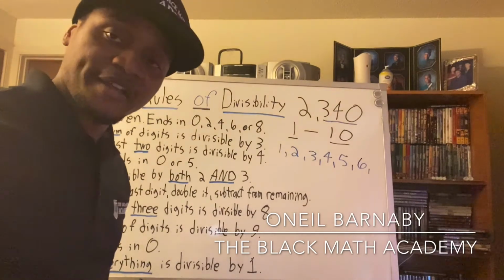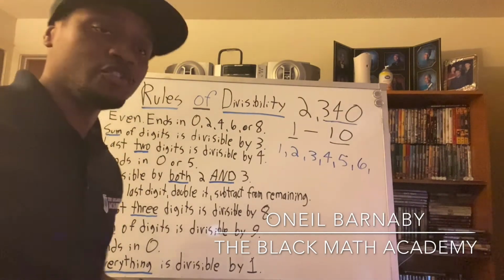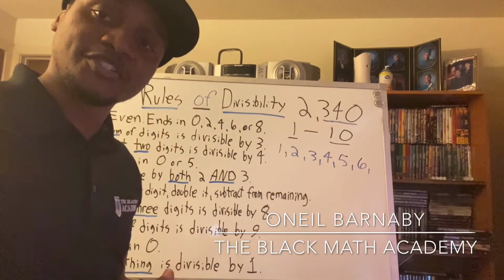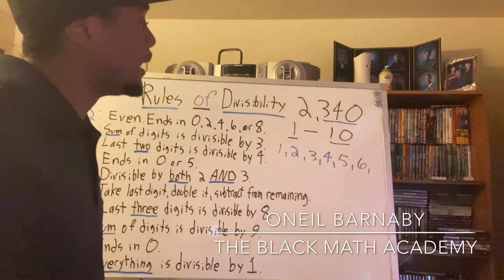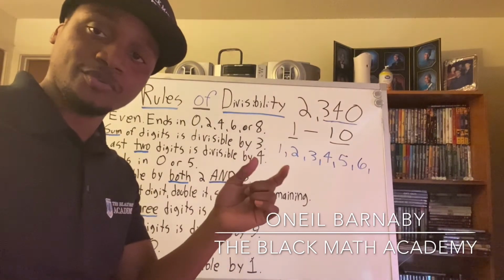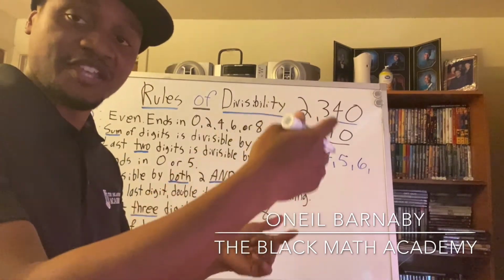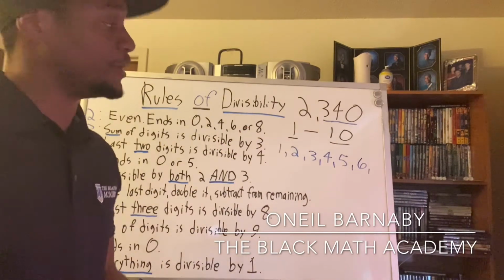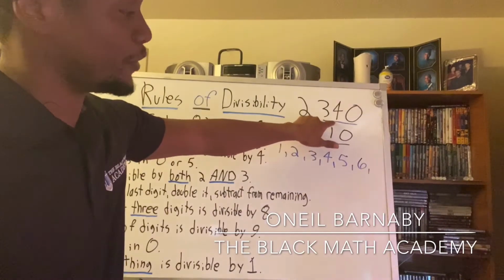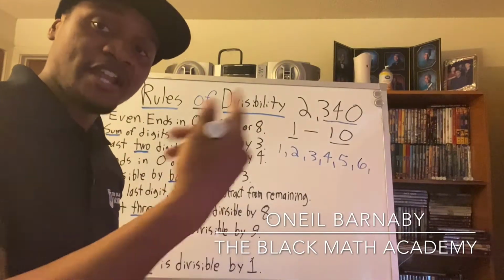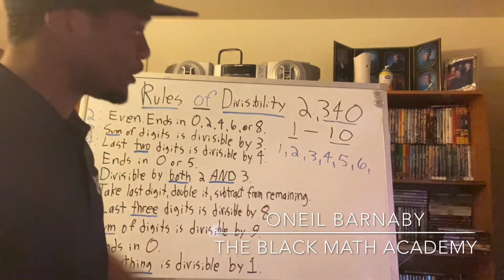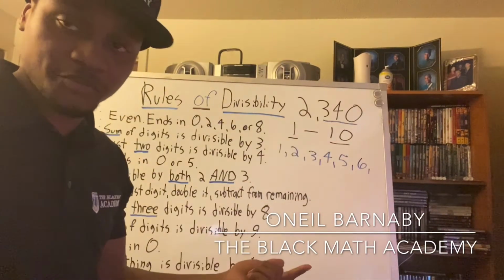So the number is kind of big, but you can use some of your rules of multiples and factors to see if it's divisible by 8. We know that 320 is divisible by 8 because 4 times 8 is 32, and then times 10 becomes 320. But if you add 20 to 320, it becomes 340. So that 20 that we added to it, because it's not a multiple of 8, therefore 340 can't be a multiple of 8.